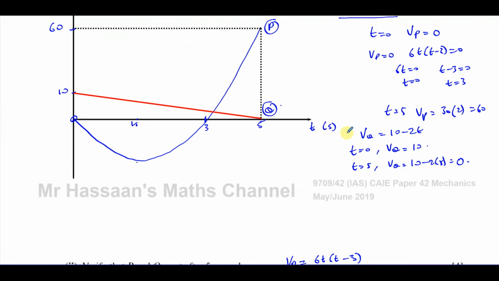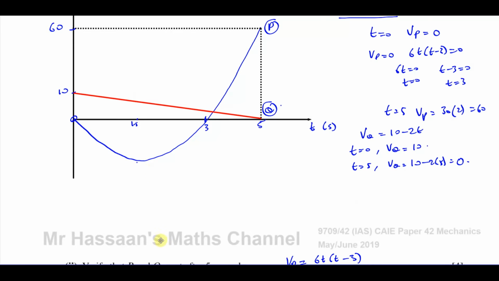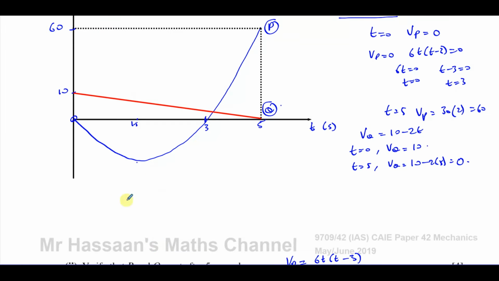It doesn't mean they will have traveled the same distance, but they will have the same displacement. Just imagine we're starting at this point A. In the beginning we can see that particle P is moving. If I consider this a positive direction, particle P would be moving in the negative direction because its velocity is negative.